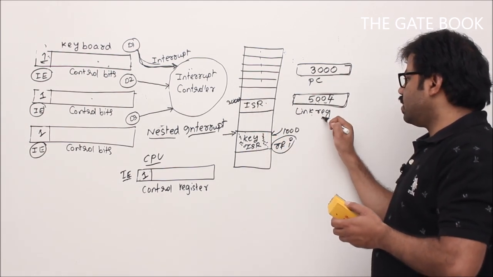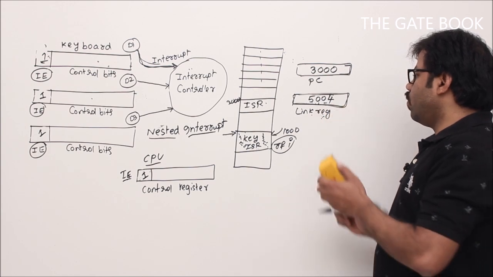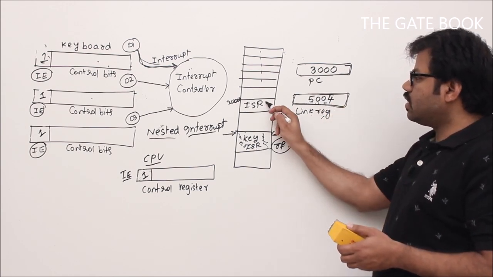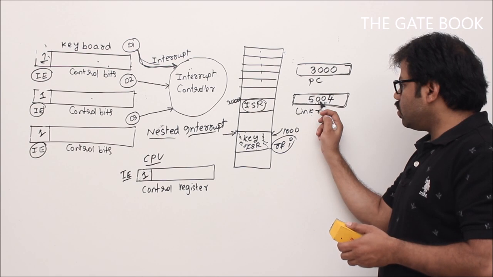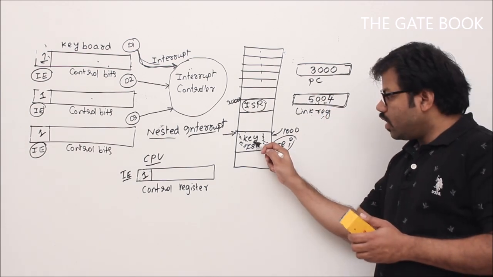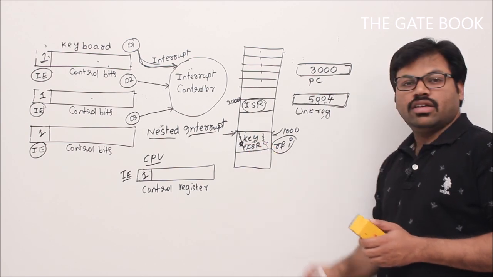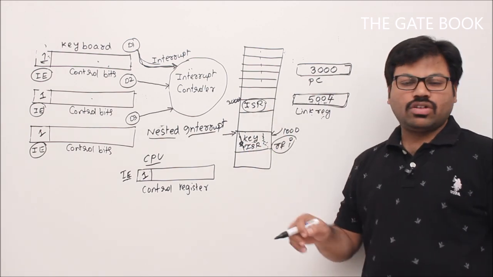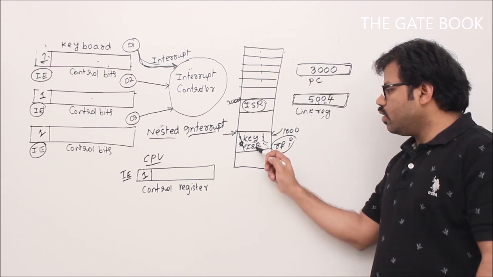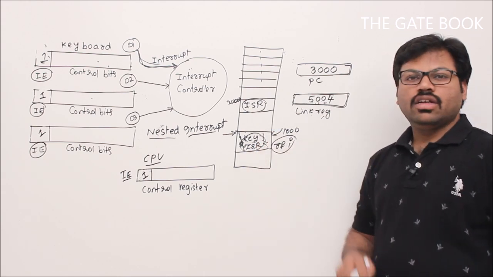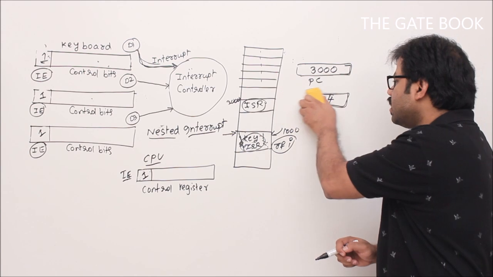But the link register holds 5004. So where should I return after completing this interrupt service routine? Not 5004, because I was in the middle of some interrupt and that program is not done. Once this second interrupt service routine is completed, I should go back to that one. So this single link register will not work.